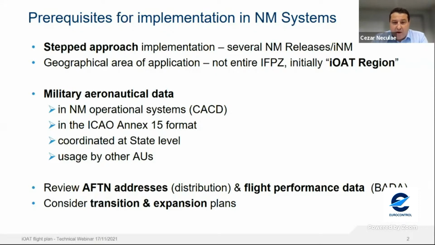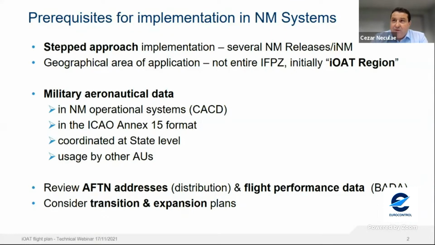We need to address the issue of military aeronautical data. First of all, they need to be in our system, in CACD, which is the Central Airspace and Capacity Database, in the correct format, which is ICAO Annex 15 format. They must be coordinated at state level between civil and military stakeholders. And we need to decide for each and every piece of data on the usage by other airspace users, not only by the military.